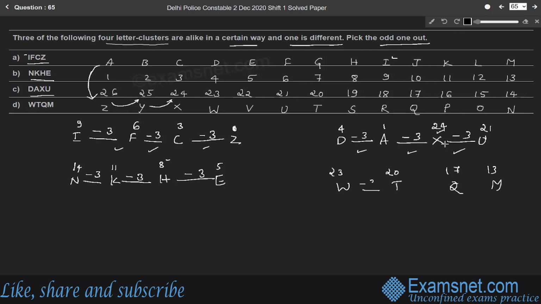So look at the differences. W minus 3 becomes T, T minus 3 becomes Q, where Q minus 4 becomes M. So here the differences are not constant, right? Therefore, option D is the odd one out.